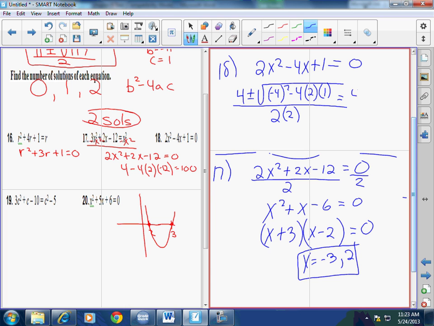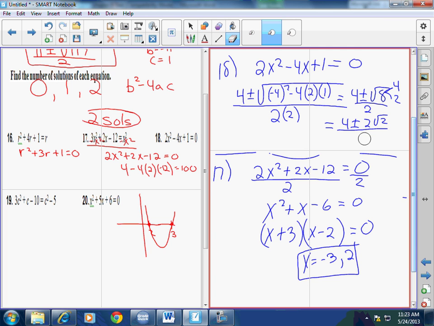So this is going to give me 4 plus or minus the square root of 16 minus 8. That's the square root of 8 over 2. The square root of 8 breaks up into the square root of 4 times 2. So that's 2 square root of 2. So I've got 4 plus or minus 2 square root of 2 over 2. Wrong. Over 4. Pay attention.